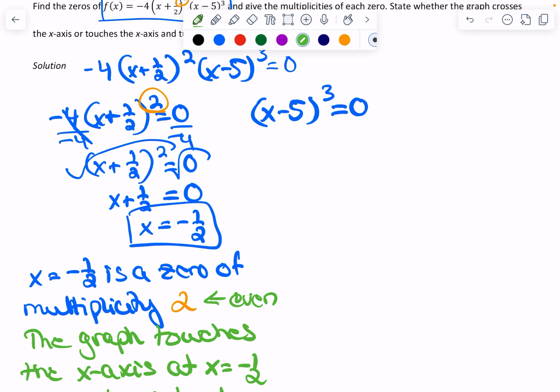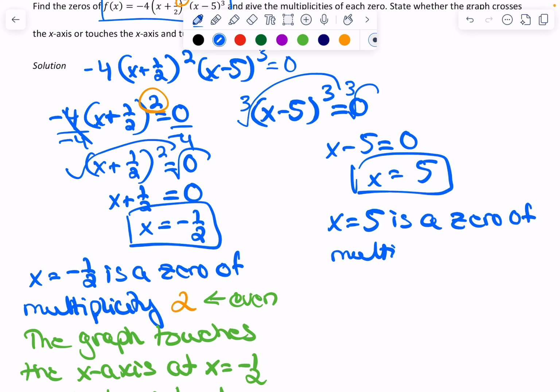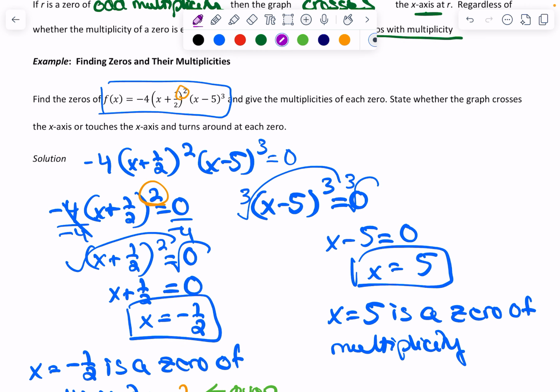Okay, then let's look at the other one, x minus 5 cubed. We're going to take the cube root of both sides to cancel out the cubed here. So x minus 5 equals 0, x equals 5. So x equals 5 is a zero of multiplicity 3.